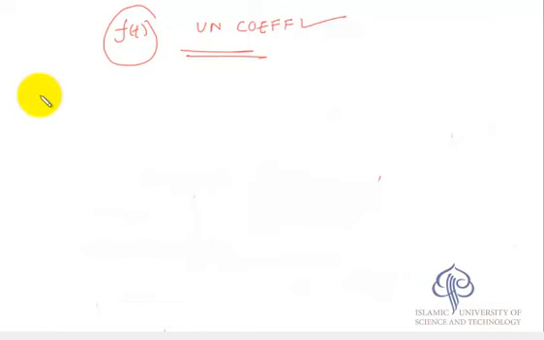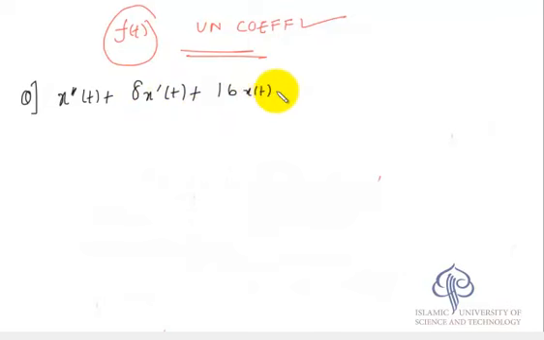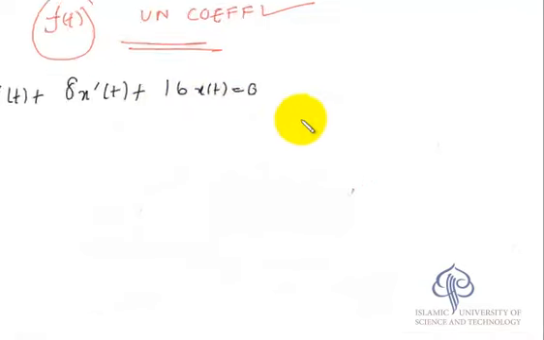For example, let us say that we need to solve a differential equation which is given by x double dash t plus 8x dash t plus 16x t equal to 0, and the initial conditions are given.